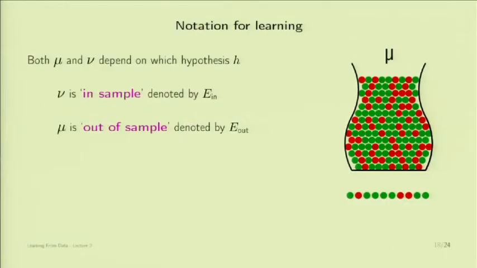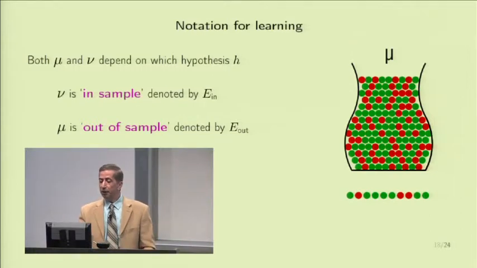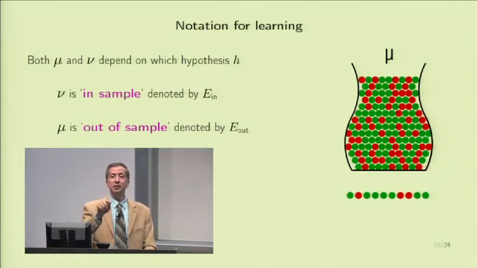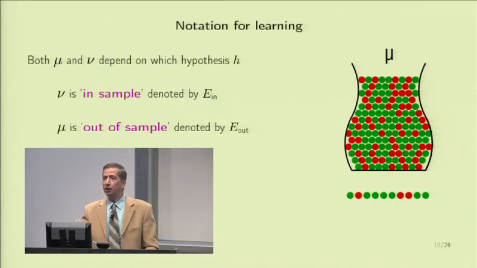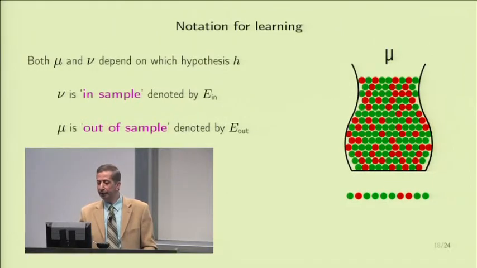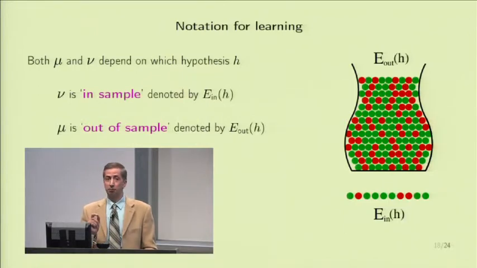Okay, so with this in mind, we realize that we don't yet have the dependency on H, which we need. So we are going to make the notation a little bit more elaborate by calling E in and E out, E in of H and E out of H. Why is that?